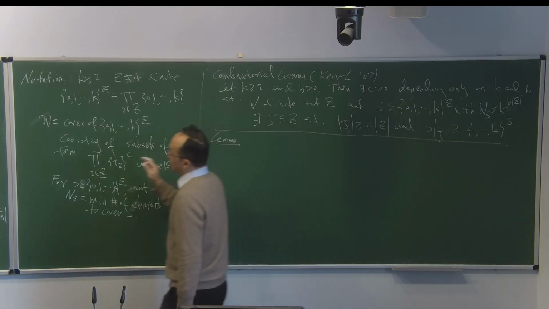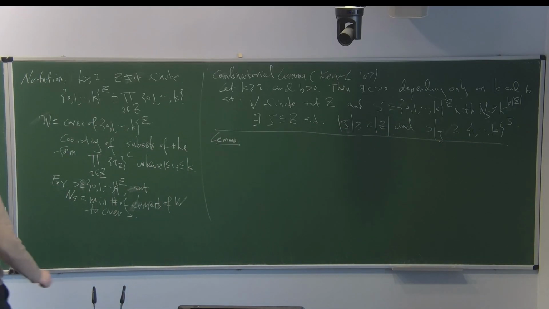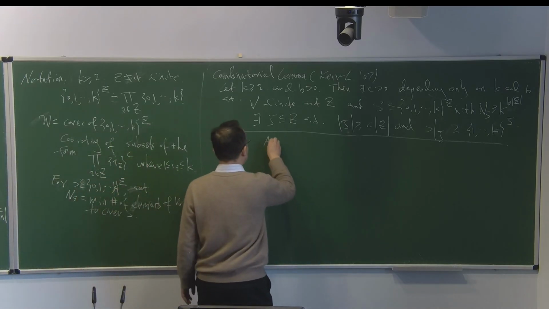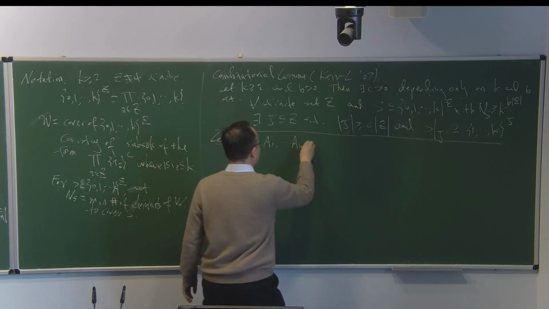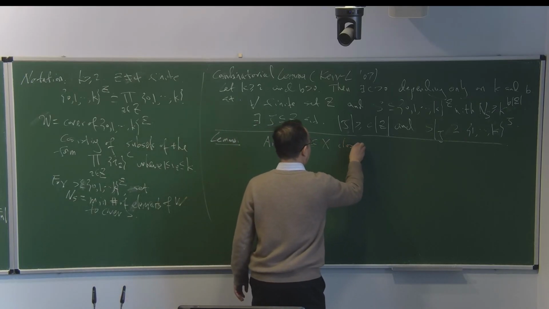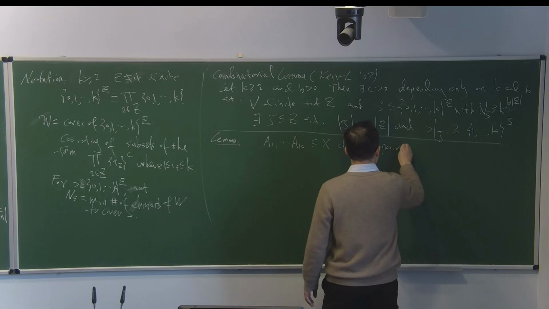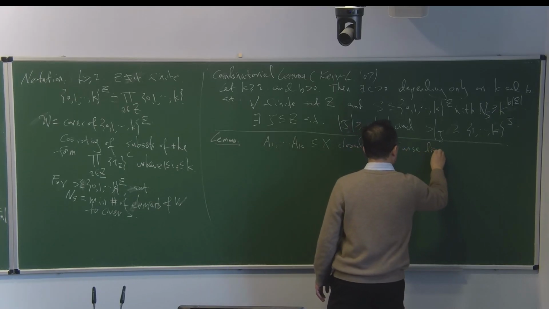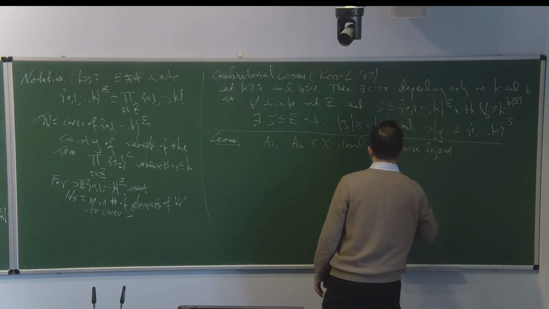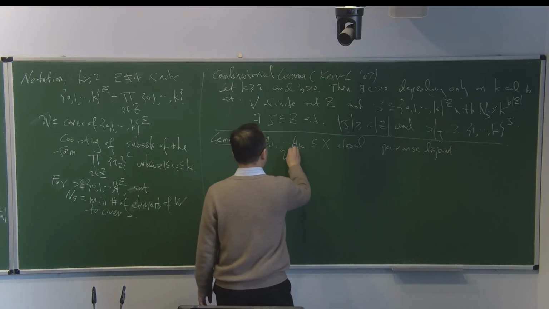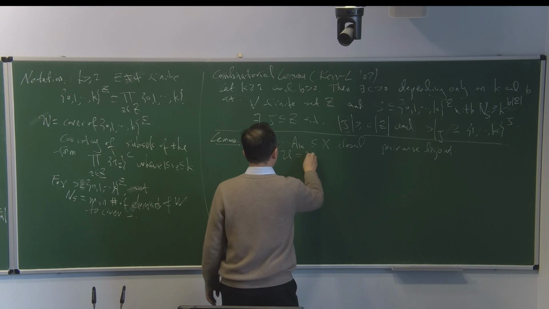It will basically be setting up like this. We let K here be closed pairwise disjoint sets, and U be the complement of them.